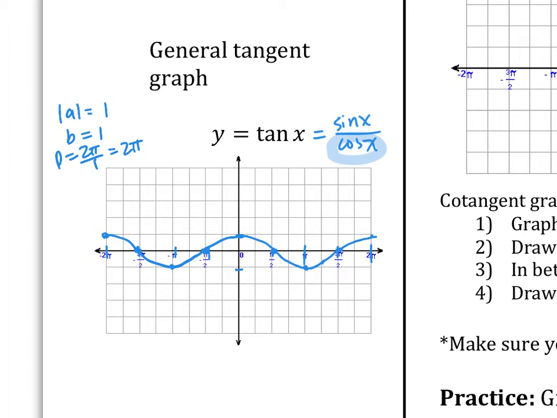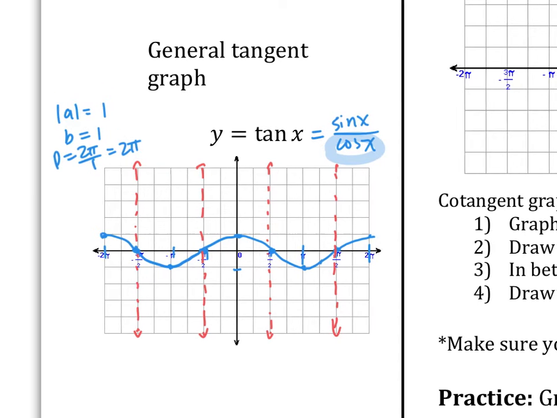Now from here, we're going to draw a tangent. The first thing is we need to figure out when cosine is hitting the x-axis, because that's where it's 0, and that's going to be the vertical asymptote. So we can see that's here and here. All right, that's pretty good.